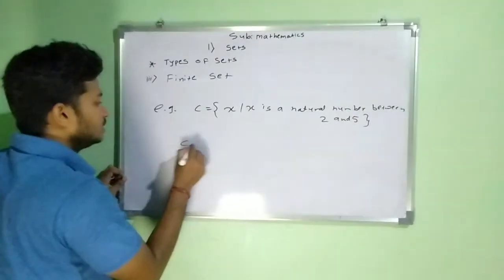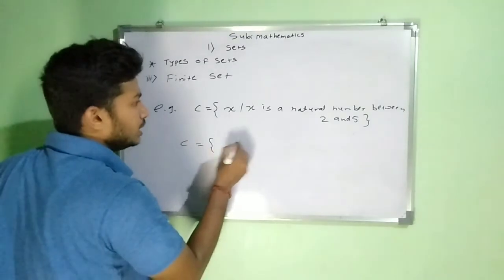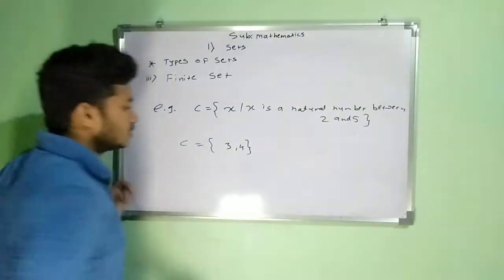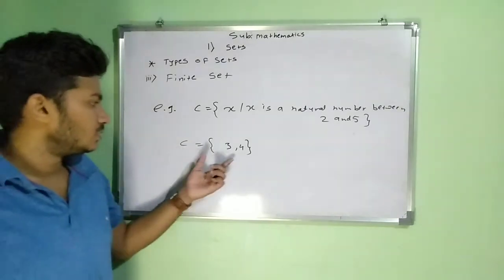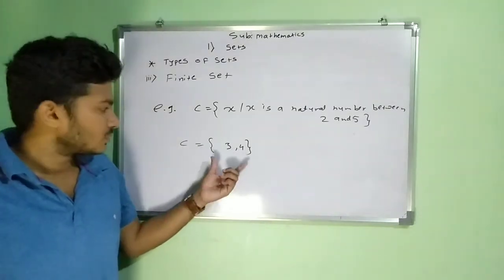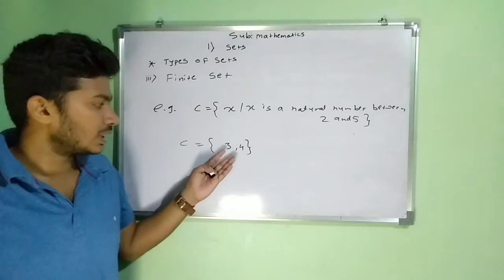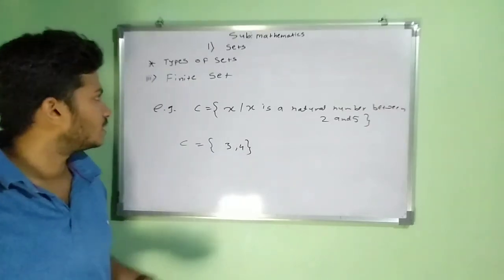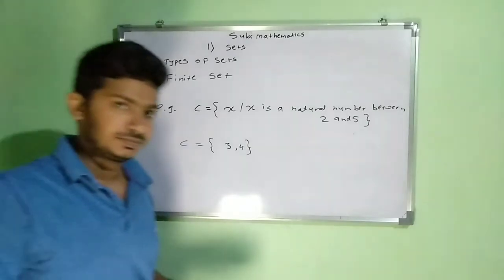The answer will be C = {3, 4}. Now the elements are countable. We can count them. We have 2 elements, limited elements. So that set is called a finite set.